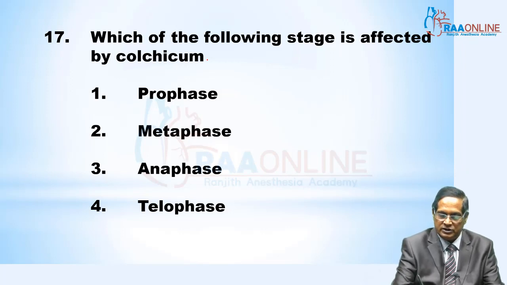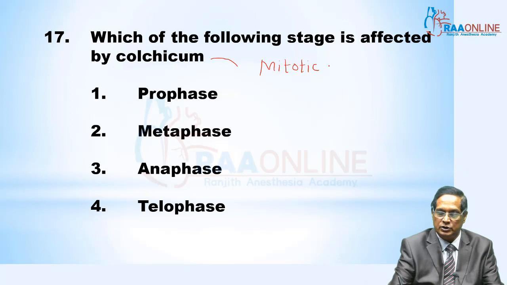Colchicine is a mitotic poison, that is, it inhibits mitosis. Colchicine is an alkaloid.